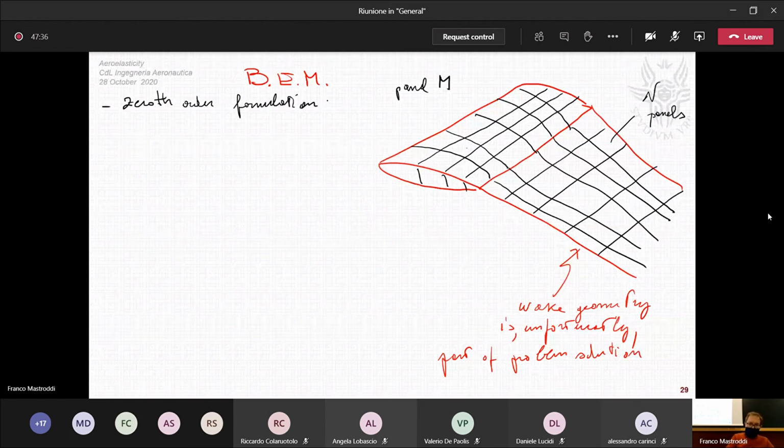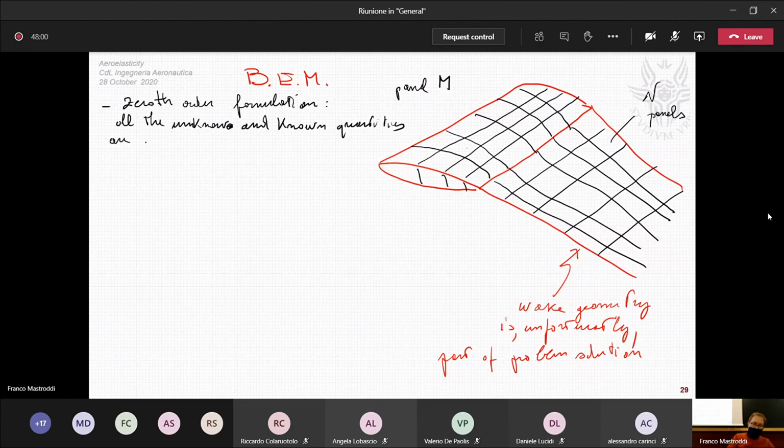Zeroth order formulation means that all the unknown and known quantities are assumed constant in a panel, in the panel surface. What does it mean?